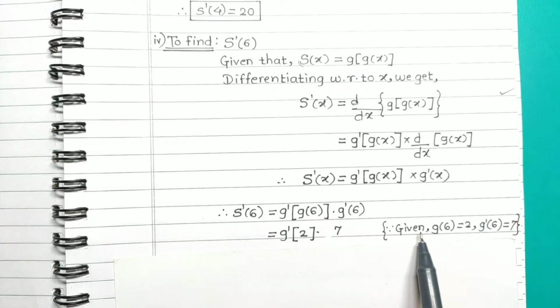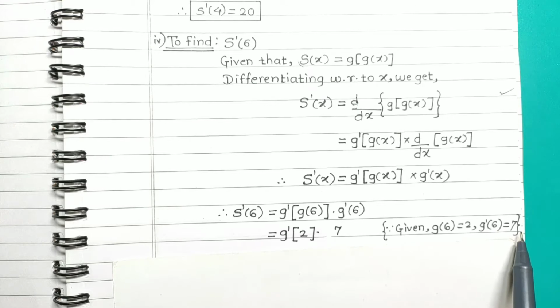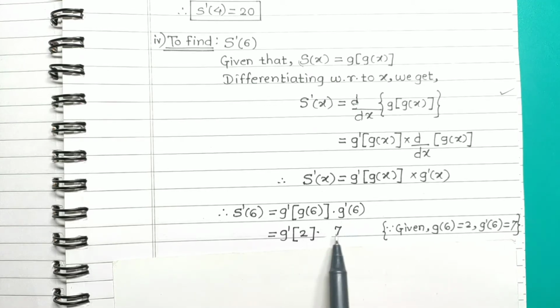So these are given values as g of 6 is equal to 2 and g dash of 6 is equal to 7. Okay, so substituting these two values here, we have g dash of 2 into this value, g dash of 6 is given as 7. So put g dash of 6 is equal to 7.